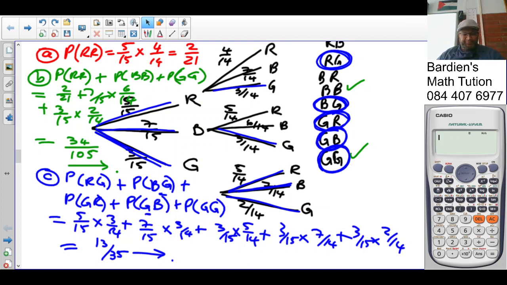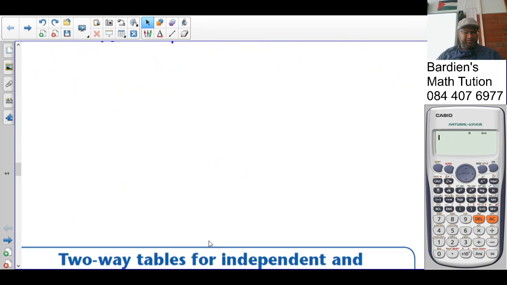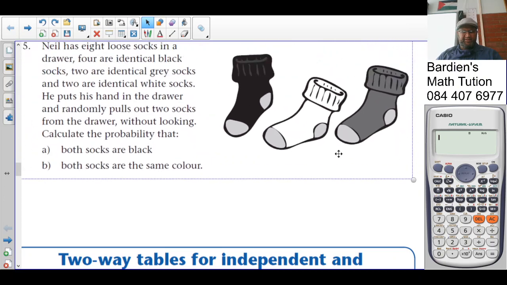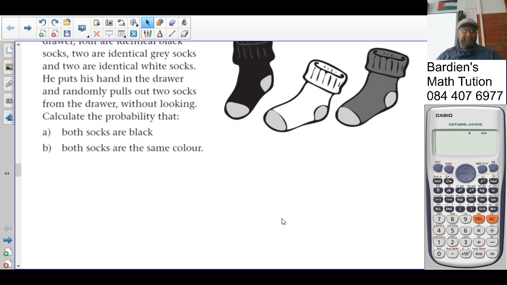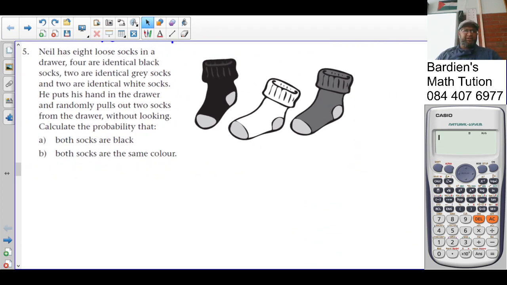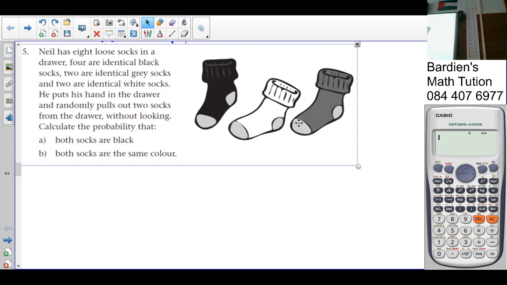Let's look at number 5. Okay, number 5, we are told that Neil has 8 loose socks in a drawer. 4 are identical black socks, 2 are identical grey socks, and 2 are identical white socks.